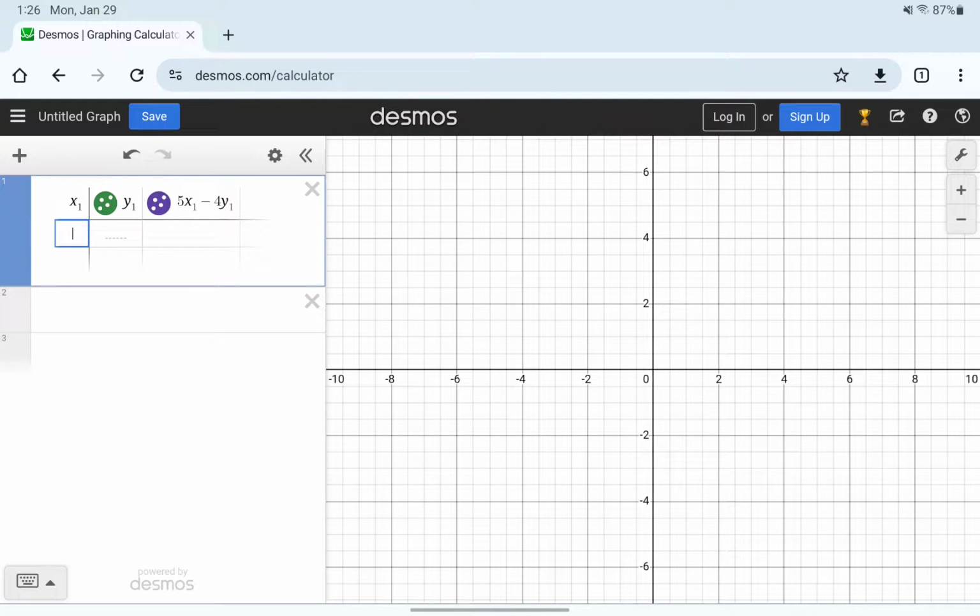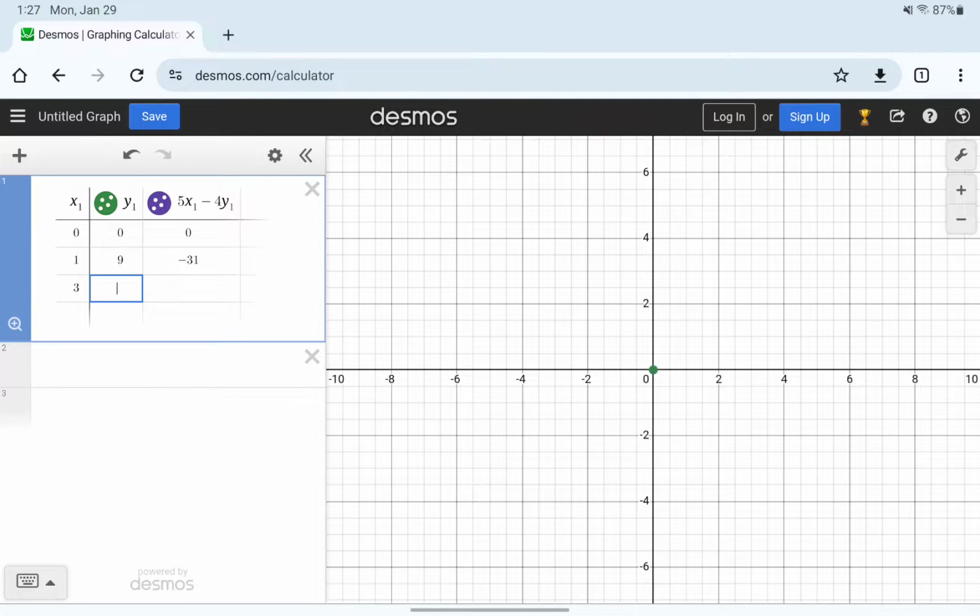In that x1 column, we're going to start off with our first x coordinate, which was 0, and then our first y coordinate, which is 0. And then we can press tab or click to keep moving through these different fields and enter our remaining values. So we had the coordinate pairs (1, 9), (3, 7), and (6, 0). What we want to focus on is that third column.